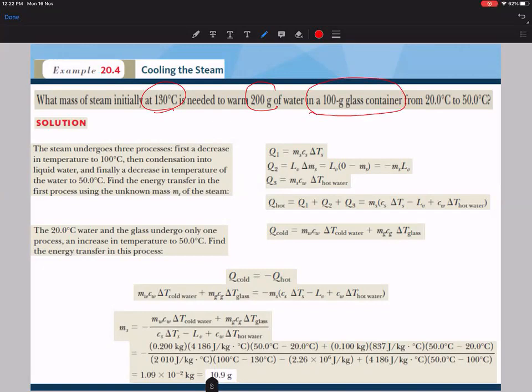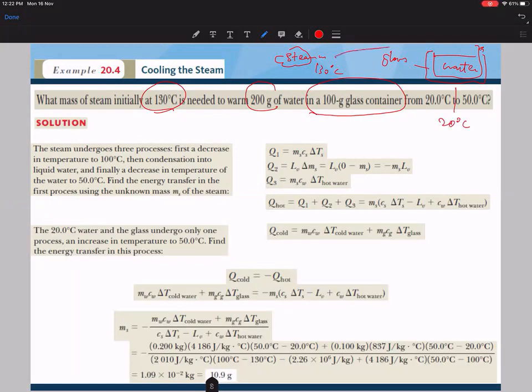So what is the situation? You have steam, and at the beginning you have the water in the glass. The steam at the beginning is 130 degrees Celsius, and the glass and the water are at 20 degrees Celsius.